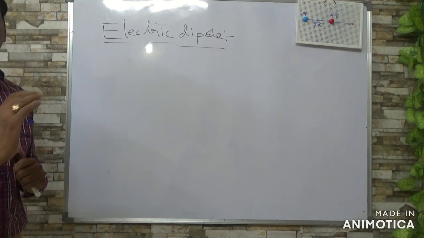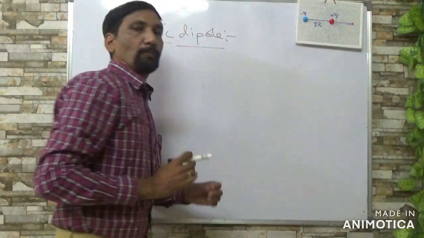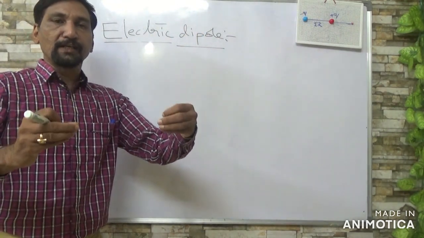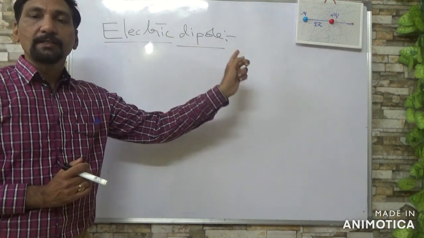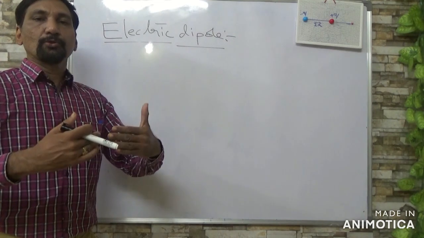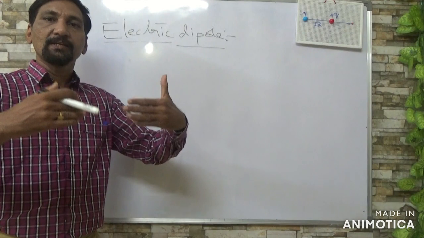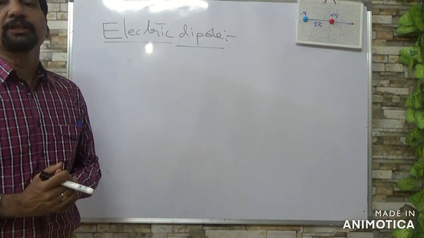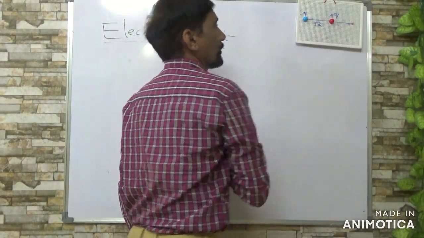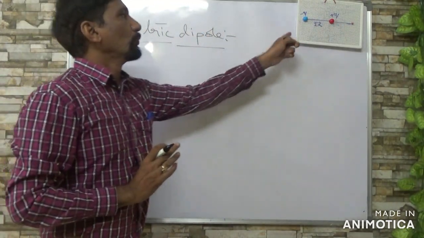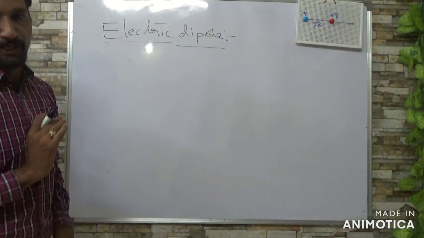So one negative charge and one positive charge are standing at some distance. Due to force of attraction and repulsion, the distance between them varies and it will stand at the same point called equilibrium. So electric dipole is a system of two equal and unlike charges separated by a certain distance.